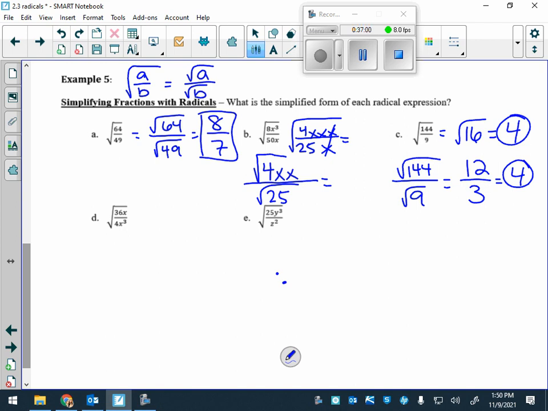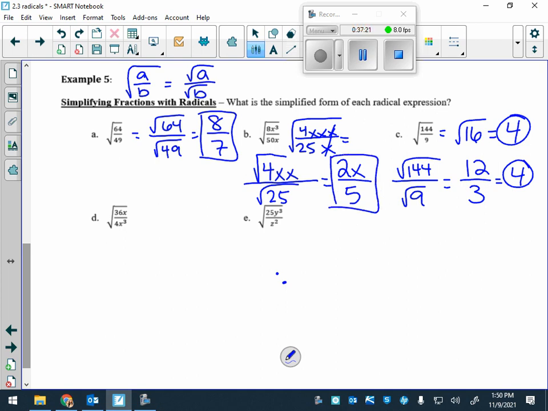Okay, so if you had 3, taking away 1, you're left with x squared. So how can I simplify the square root of 4x squared? What do I get? 2x. Good. What is the square root of 25? 5.